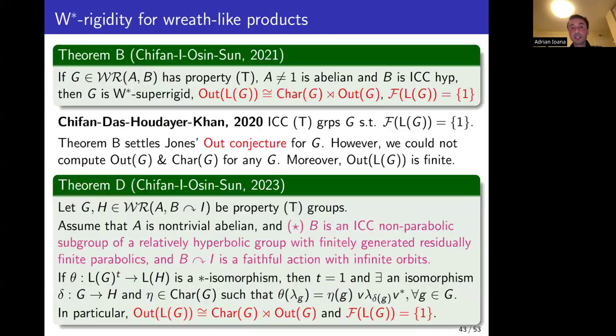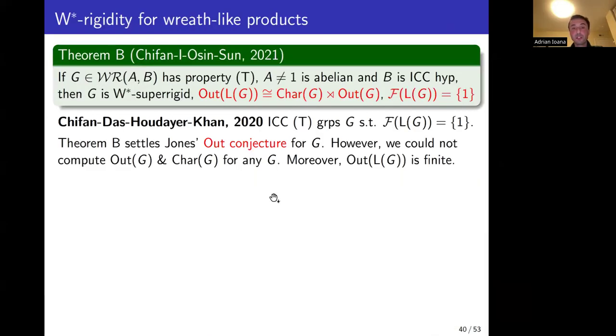So in theorem B, we don't have a way of computing explicitly the outer automorphism group or the character group of G. Our construction is not fine enough to determine those. The best you could hope for in theorem B is to show that Out of L of G can be any finite group.